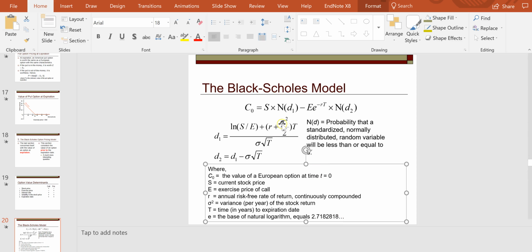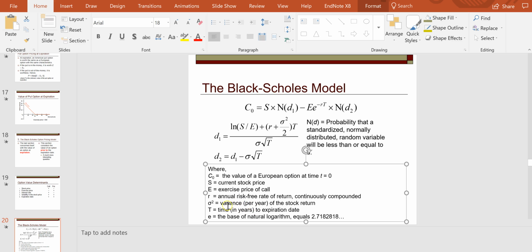The fourth input is sigma. Sigma is the standard deviation; sigma squared is the variance of the stock return. Here it is the variance of the land price return, the appreciation rate. Putting similar terms for the land price, we should use the appreciation rate for the land value.